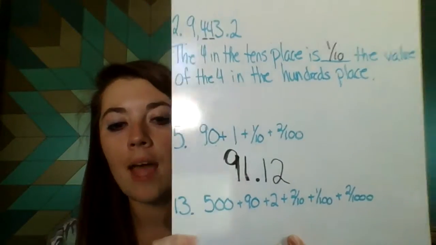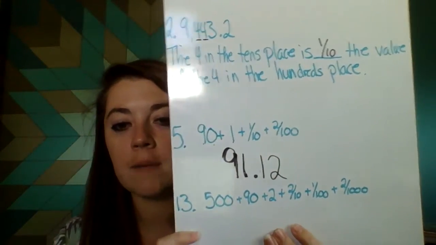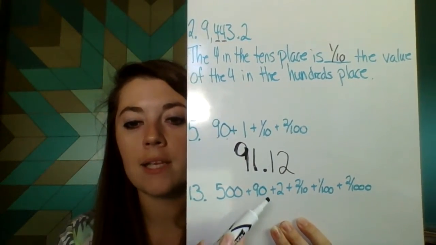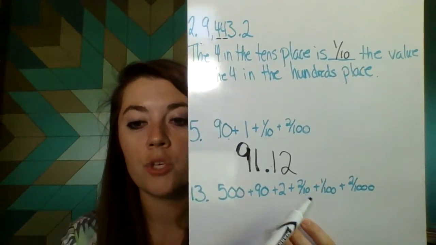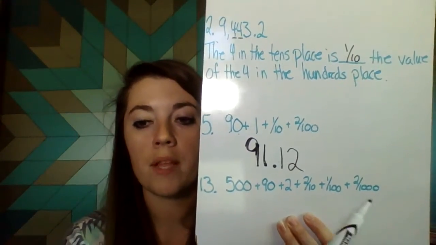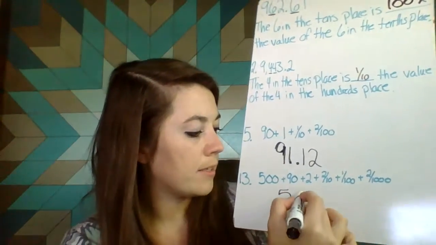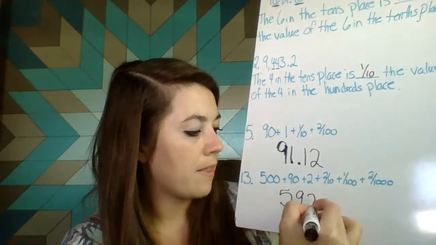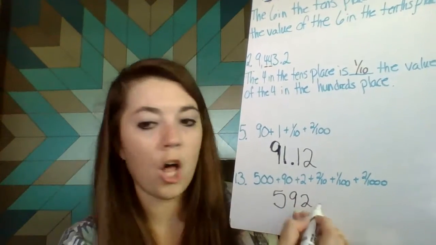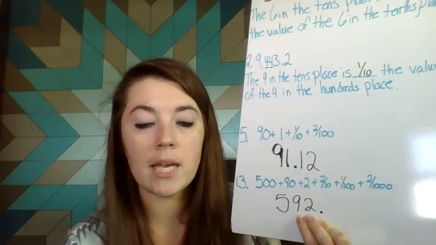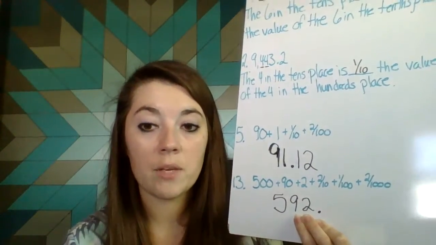All right, and the last one I'm going to do with you guys, we got 13. So we have 500 plus 90 plus 2 plus 2 tenths plus 1 hundredth plus 2 thousandths. So we have our 5, then our 9, then our 2, because those all went in order. We didn't have a missing place value in there at all.